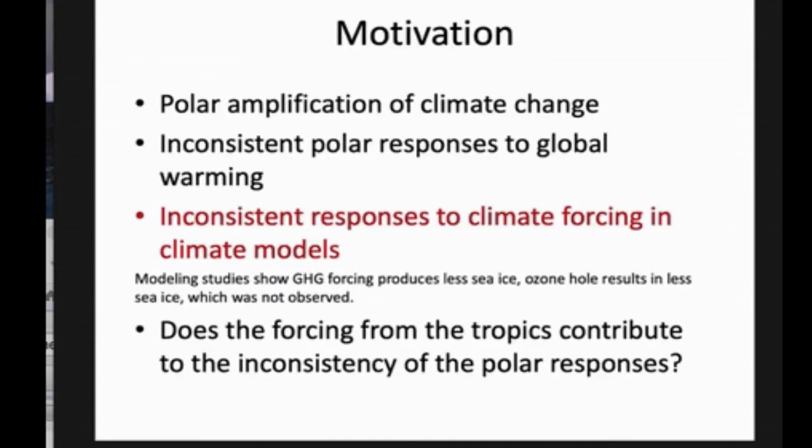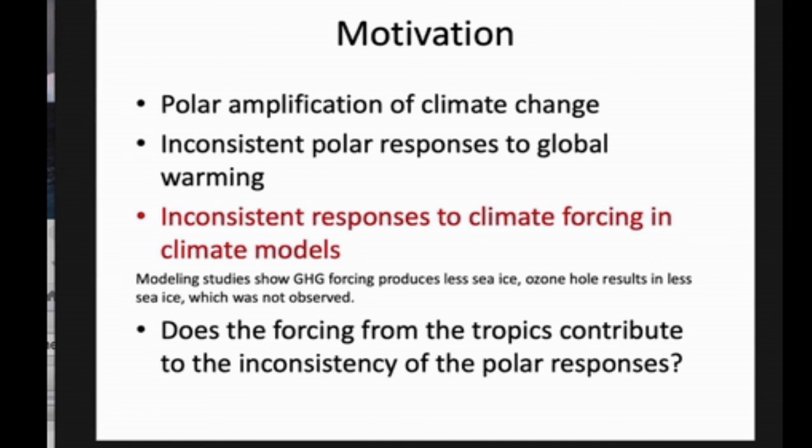So the next thing is inconsistent response to climate forcing in the climate models. When we put in the greenhouse gases and ozone in the model, we see the sea ice response is reducing in a couple of climate models.